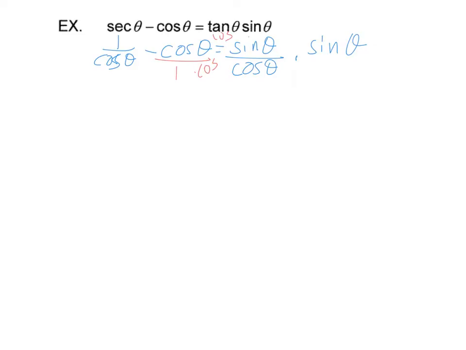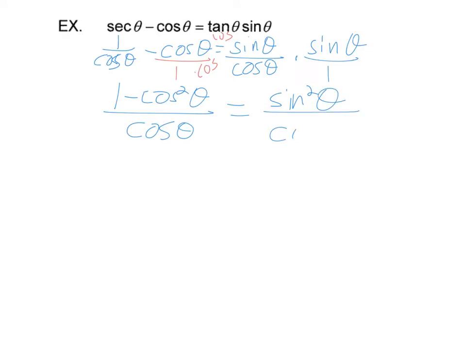on the top. That gives me across the top 1 minus cosine squared, and on the bottom I just have cosine. On the right side, when I multiply my fractions, the top would become sine squared and the bottom cosine.